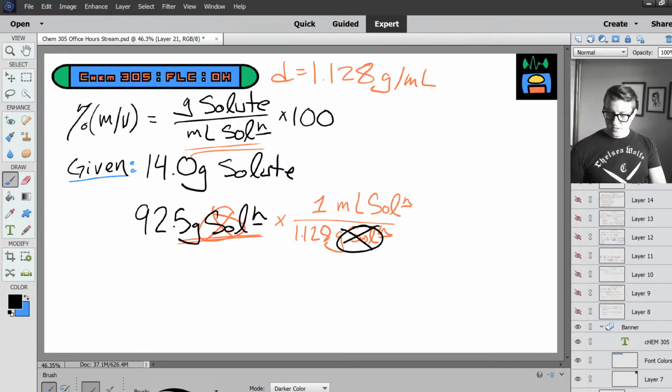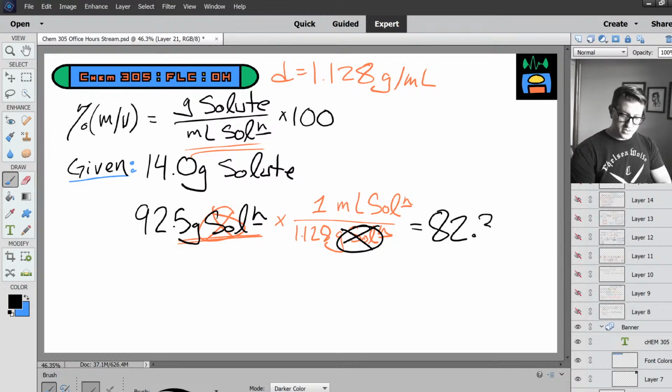So we have 92.8 divided by 1.128. That gives us, with 3 sig figs, 82.3 milliliters of solution.